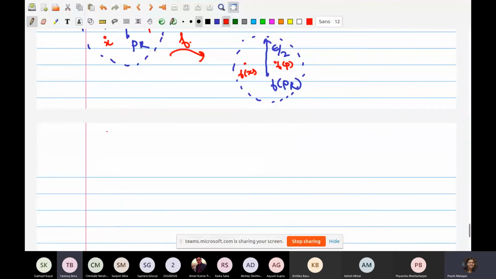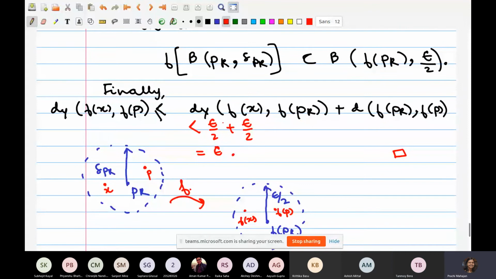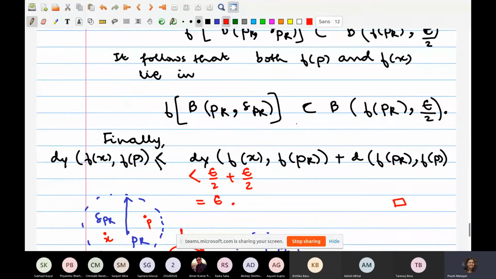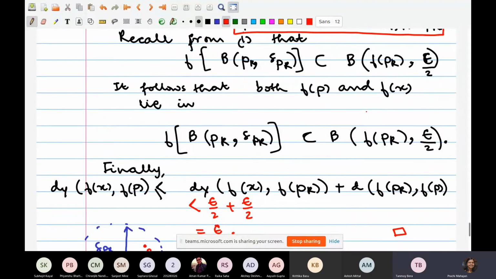Ma'am, can you please repeat the last line? The last line, the triangle inequality part, did you follow that? Okay, so you are asking why each of these distances is less than epsilon by 2? We just showed that P and X lie in the same ball around the point pk.